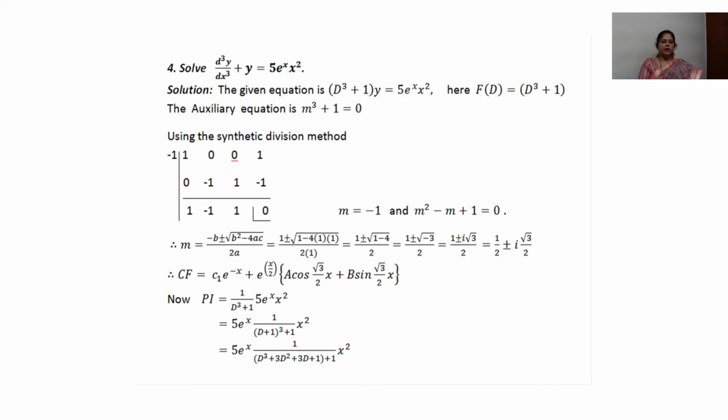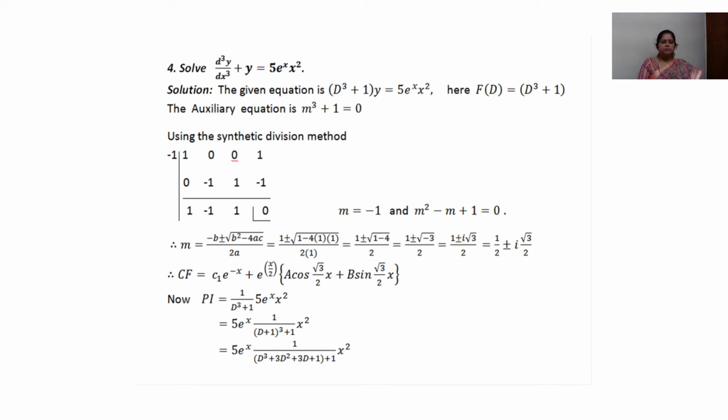Multiply with minus 1, cross multiplication, we get 1. That has to be written in the third element of the second row. Again vertical addition, we get 1. Same procedure: cross multiplication gives minus 1. The last elements are 1 and minus 1, so we get 0. So minus 1 is one of the roots of this equation.